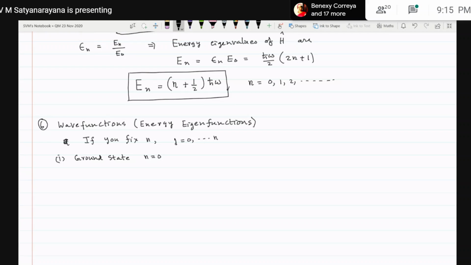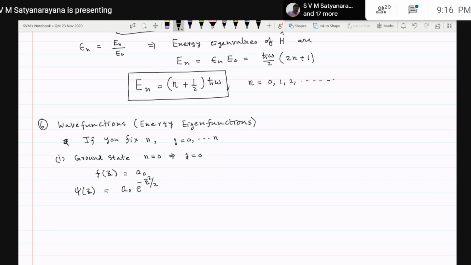If I take n is equal to 0, this implies my j is equal to 0. So what will be my f of xi? f of xi is simply a0. So what is my psi of xi? Psi of xi is equal to some constant, which I call a0, into e to the minus xi square by 2.